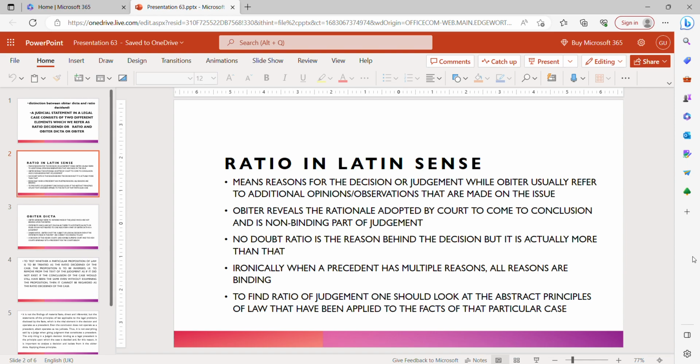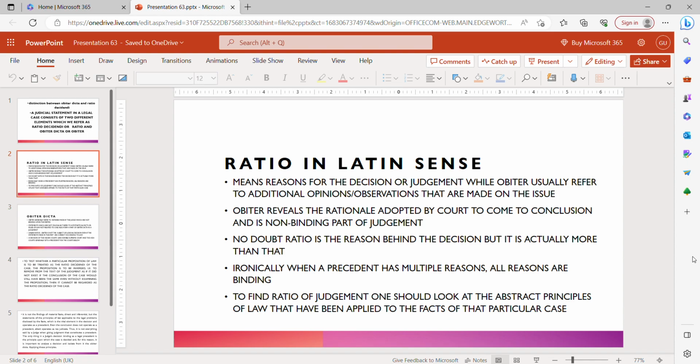The ratio in the Latin sense means reasons for the decision or judgment, while obiter usually refers to additional opinions or observations that are made on the issue. Obiter reveals the rationale adopted by the court to come to a conclusion and is not a binding part of the judgment. No doubt, ratio is the reason behind the decision, but it is actually more than that.